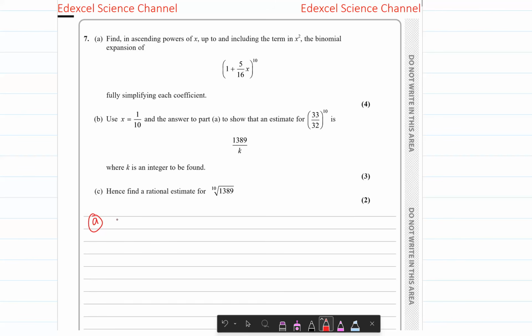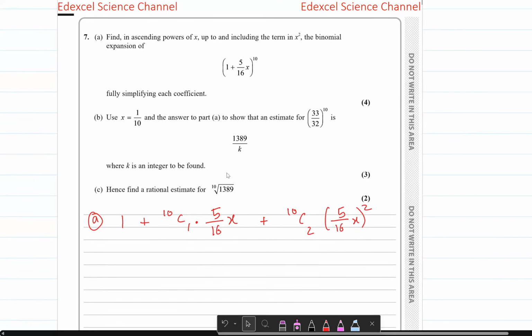Okay, so I can say that it should be 1 to the power 10, which is 1, plus 10c1 times 5 over 16x plus 10c2 and 5 over 16x whole square. I'm just using the formula.